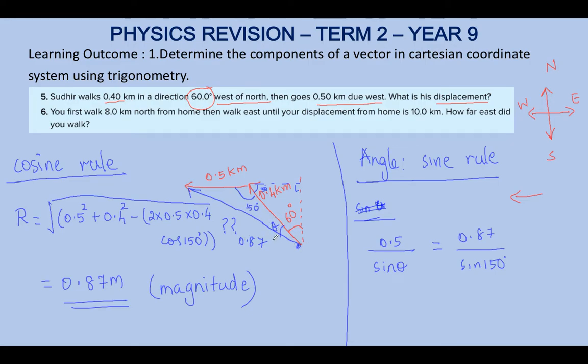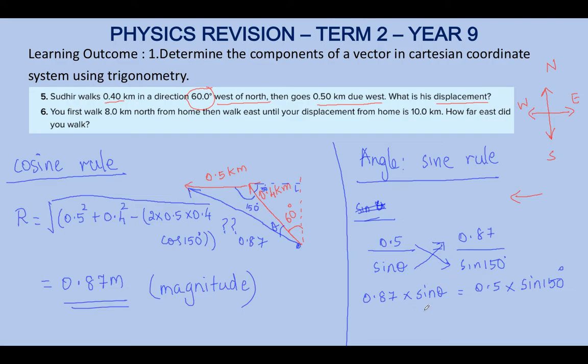Because for your final answer, you could give from north what's the total angle he is directed to reach this final destination. All right. So you can do the cross multiplication, pure math skill. So 0.87 times sine theta will be equal to 0.5 times sine 150.